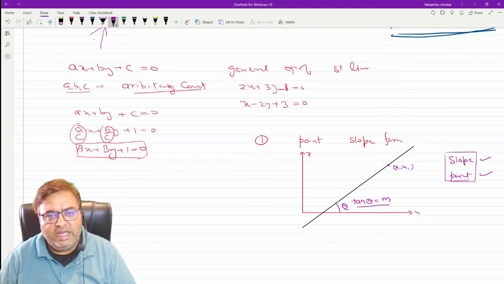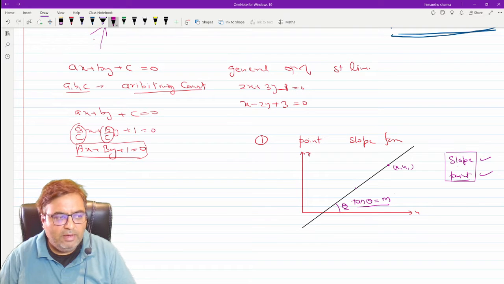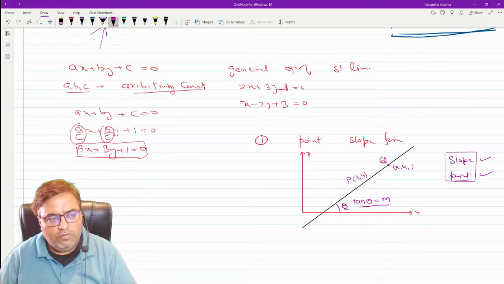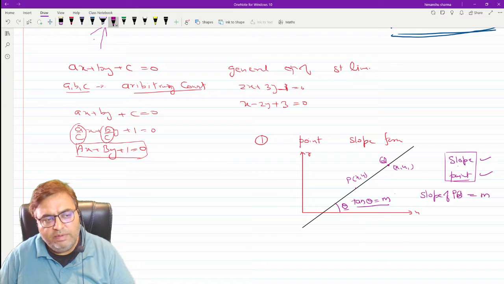Now we have to create a condition which will be satisfied by every point which lies on the line. So if I take a variable point P which moves on the line, x comma y. Let's say this point was Q. Now what will be the slope of the line joining PQ? Slope of PQ is already given equal to m.